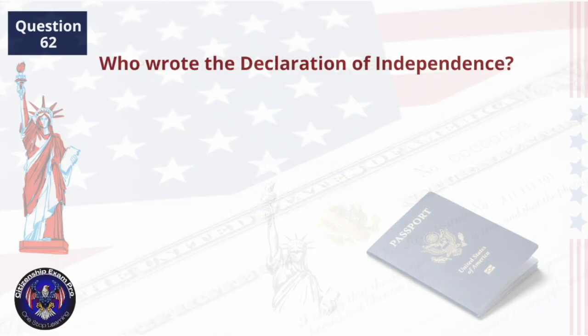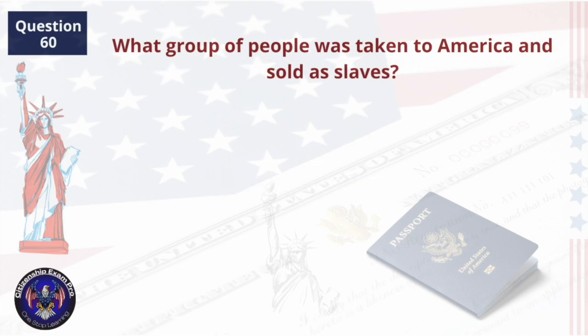Who wrote the Declaration of Independence? Thomas Jefferson. What group of people was taken to America and sold as slaves?